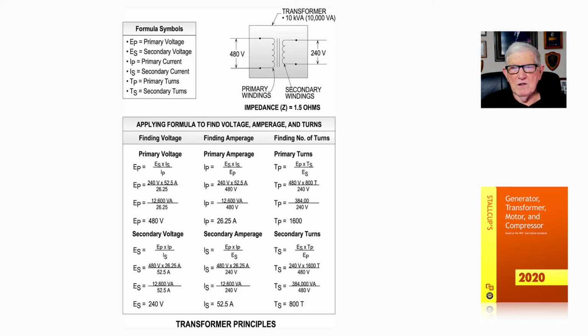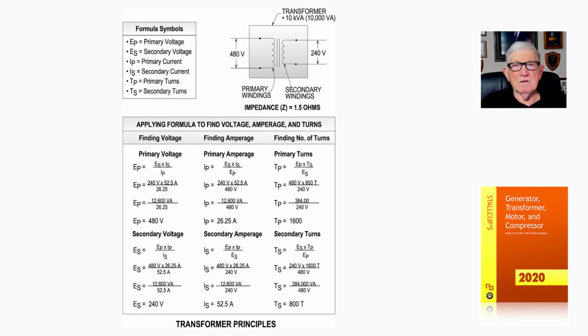And for the secondary turns, you'd have transformer turns in the secondary equals voltage in the secondary times the turns in the primary divided by the voltage in the primary. And then when you insert 240 times 1,600 divided by 480, do the math, we come up with 800 turns.